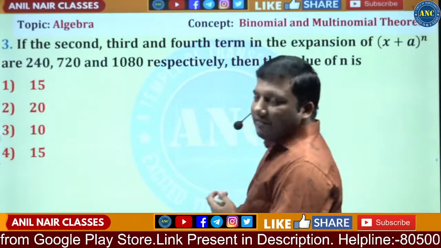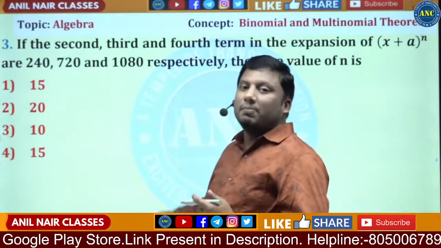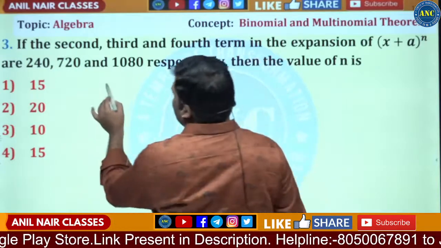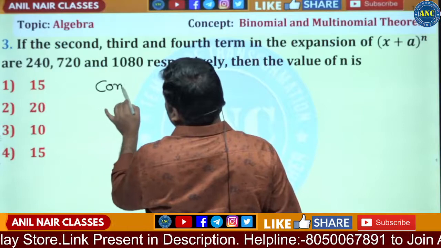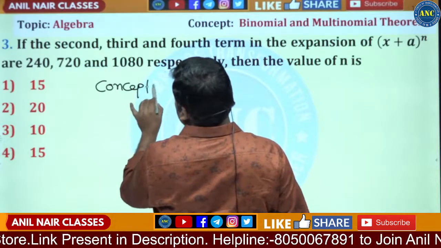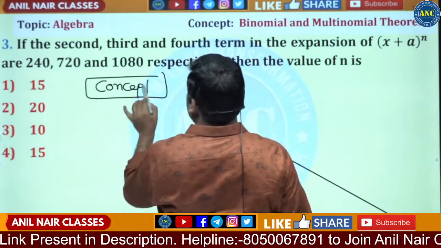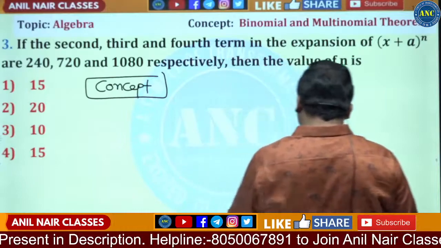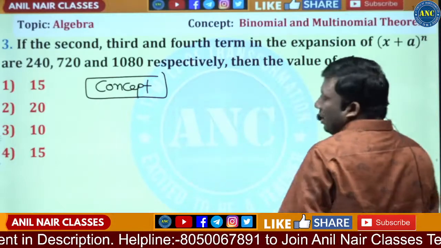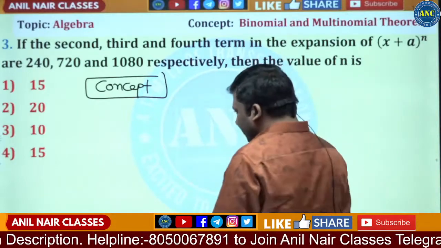Now listen carefully here. There is a very, very important concept in this third question. First we will write down the concept, then we will use this concept. What is the concept?